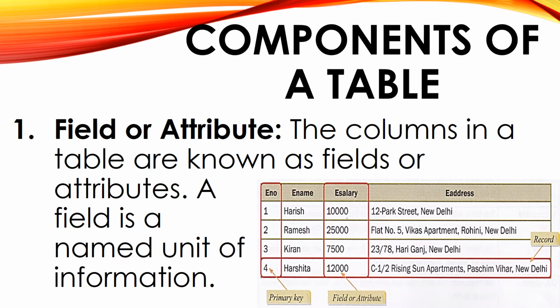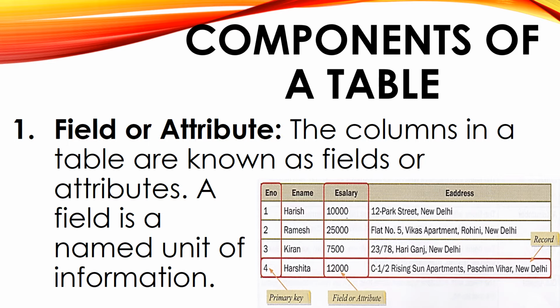Components of a table. The important components of a table are 1. Field or attribute. The columns in a table are known as fields or attributes. A field is a named unit of information. A field stores one type of information about all the objects or items.